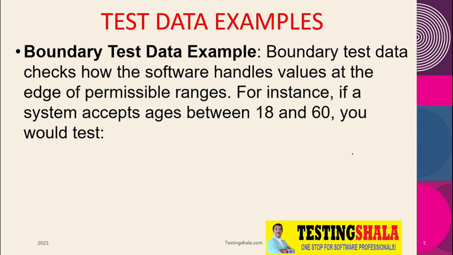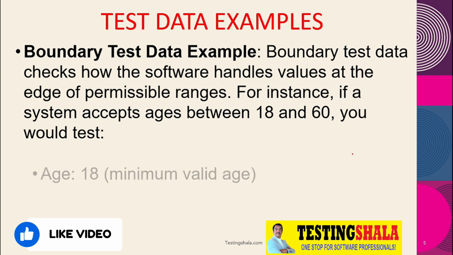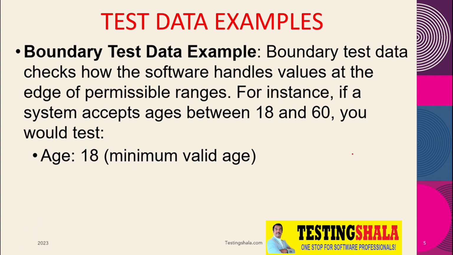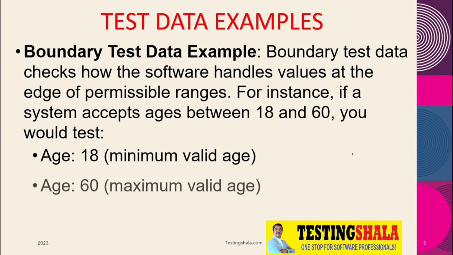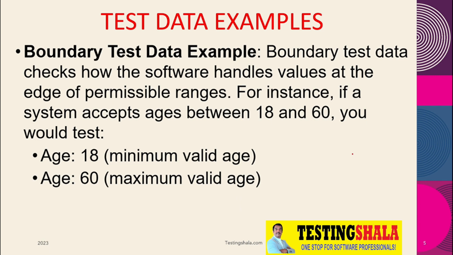The third one is boundary test data. Here we check the software's behavior at the boundaries of reasonable or permissible ranges. Take the example of human age, which normally can be anywhere from 0 to 100. Certain people may live more than 100 as well, and we have to test that too. Another example: 18 is the minimum age for voting and 60 is the retirement age.